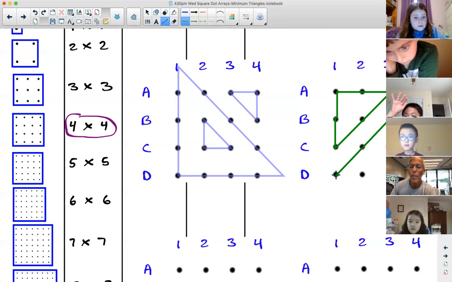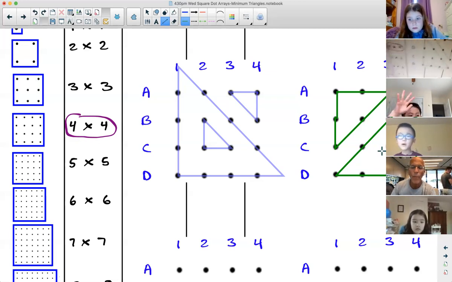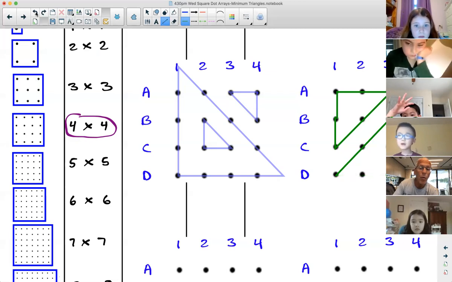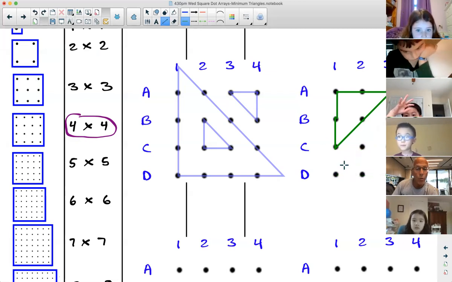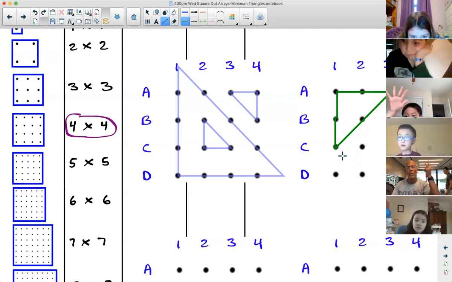If you tried to make another triangle, you would, again, just like Jack's attempt, have a problem. That's not how I did it. All you have to do, buddy, is give me the coordinates. All you have to do is say A1 to A3 to C1. Give me the 3 coordinates that make the triangle.